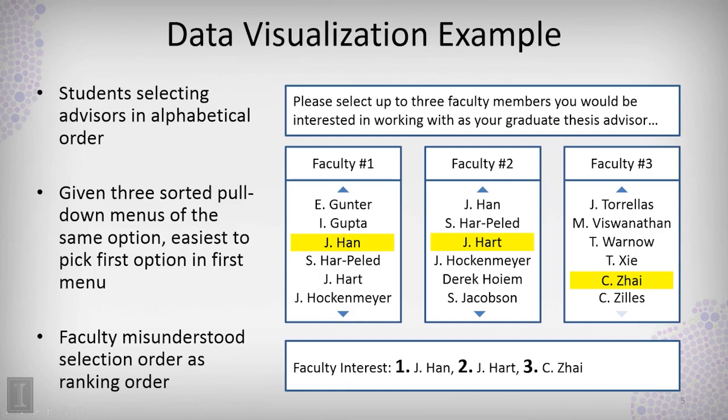But when we were looking at the database in order to evaluate what students might want to work with us, we were assuming students were picking the faculty they wanted to work with first as the first choice, and their second choice was second, and their third choice was third, when in fact they were just finding 3 faculty members and picking them when they appeared in the list.